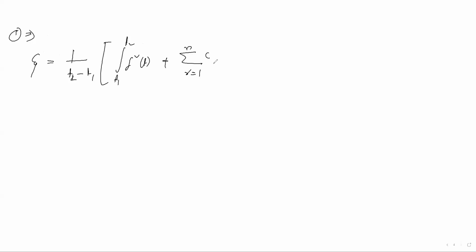So again epsilon will be 1 by T1 minus T2, or T2 minus T1, you can write what I mean, T2 minus T1, integration T1 to T2 F square T dt plus summation R equal to 1 to N CR square KR minus twice summation R equal to 1 to N CR square KR.